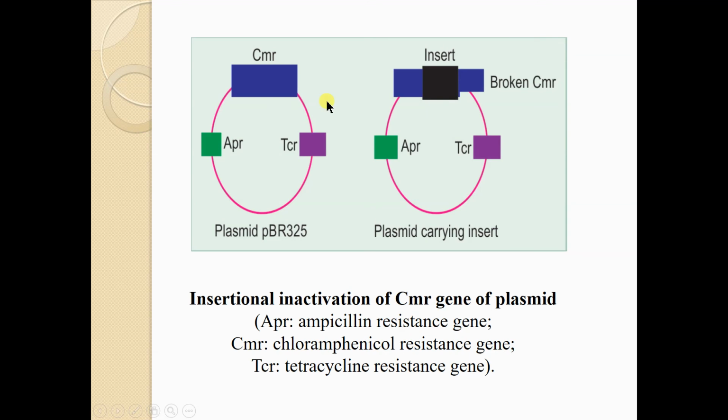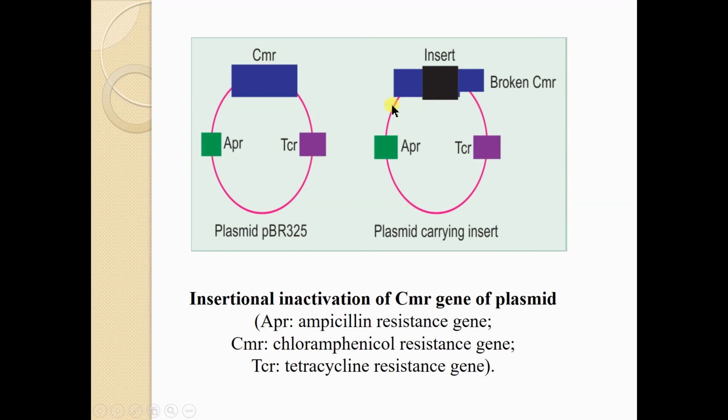So you can see that the ampicillin and tetracycline resistance genes are not hampered, but the chloramphenicol resistance gene becomes hampered. It is broken down because of the insertion of our interested DNA.